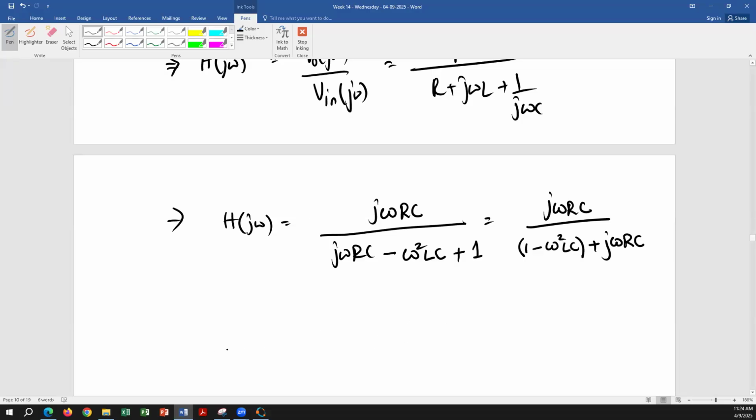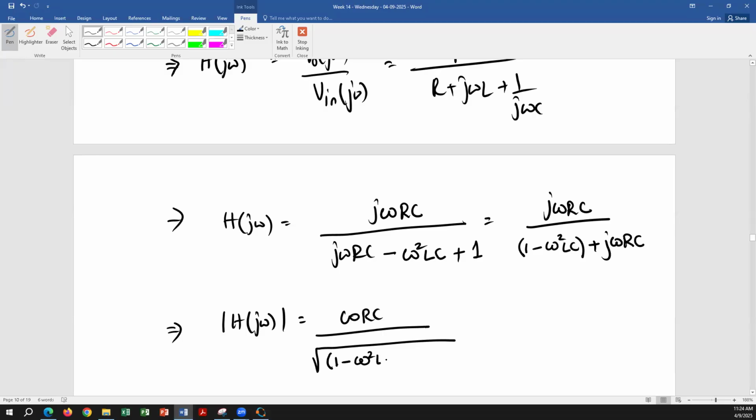Okay, so the magnitude response, who's going to tell me what will be the expression for the magnitude response? Omega RC, very good, excellent.